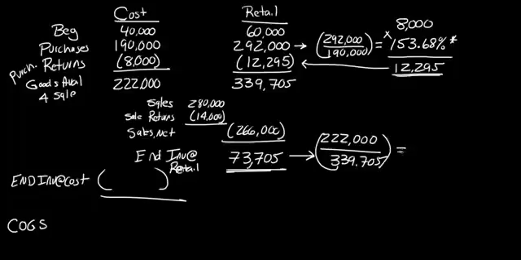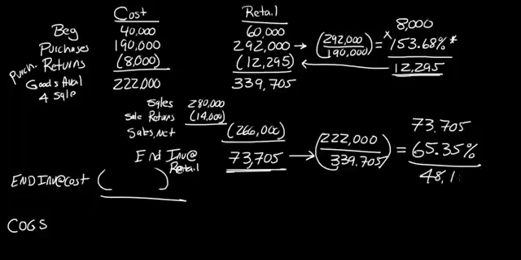And that ratio is 65.35%. So if I multiply that ratio by the 73,705, I get a number something like 48,167.